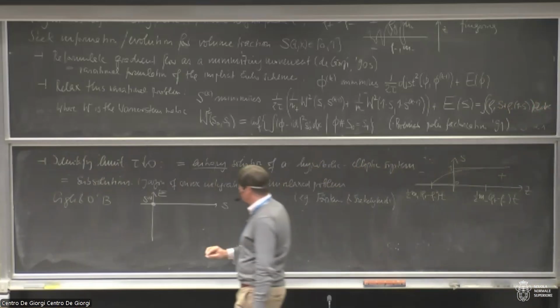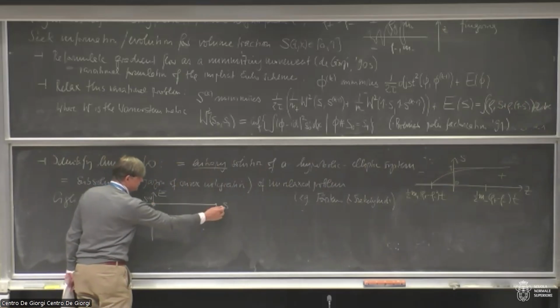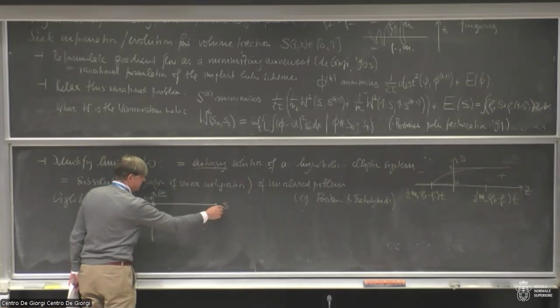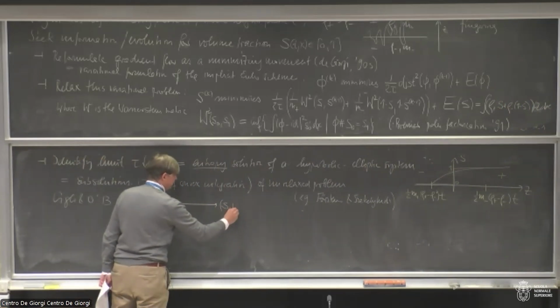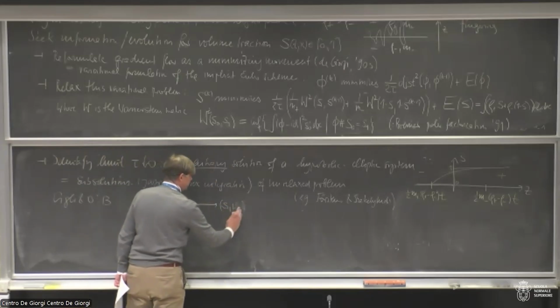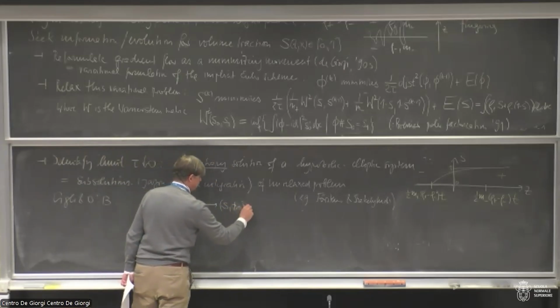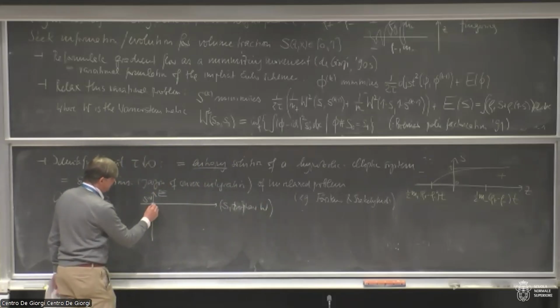Then in the energy landscape, if you endow this with the appropriate Riemannian geometry, so the Wasserstein metric, I mean the two-phase Wasserstein metric, then this is an unstable equilibrium.